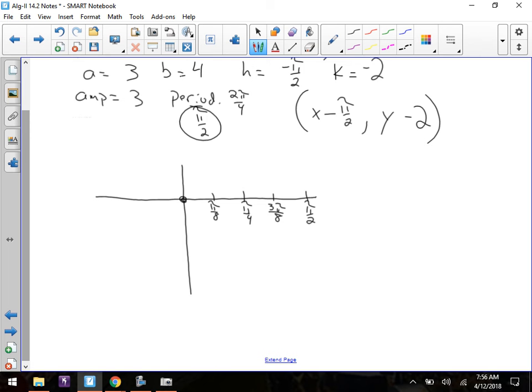Okay. Our A value was 3, so I have to go up 3, down 3. So it goes up, down, up. Then it looks something like that. Remember, this is a parent function, so we use dotted.